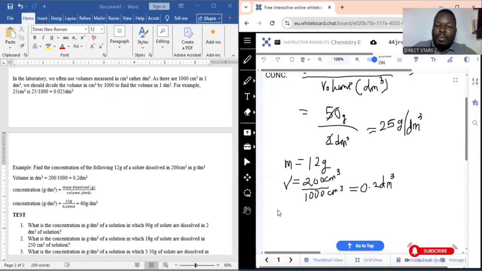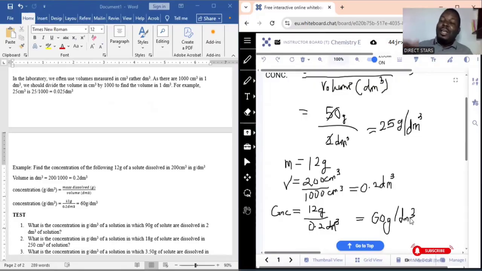All we need to do is apply our formula. So our concentration now equals 12 gram divided by 0.2 dm cube. And this, of course, will give us 60 gram per dm cube. So it's that simple. That is how to get your concentration in gram per dm cube.